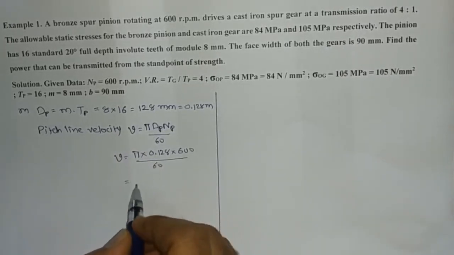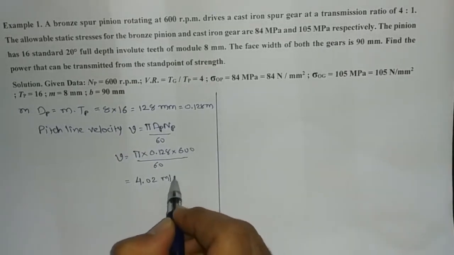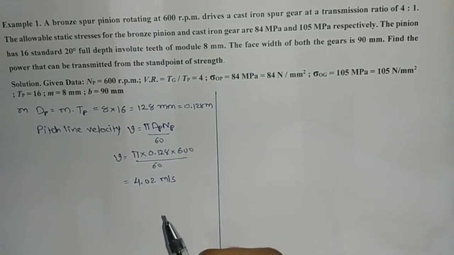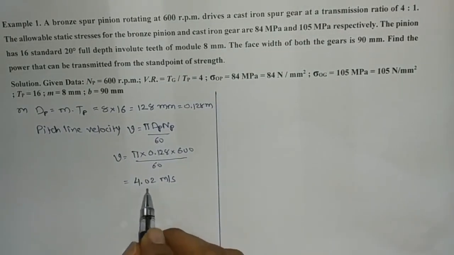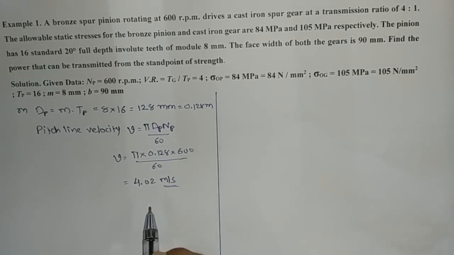Therefore the pitch line velocity is equal to 4.02 meter per second. Now remember friends, always we have to take the pitch line velocity in meter per second. If you got the pitch line velocity in mm per second, then convert it into meter per second.